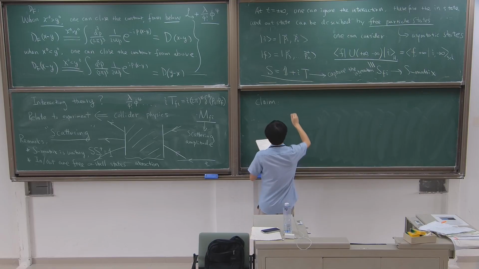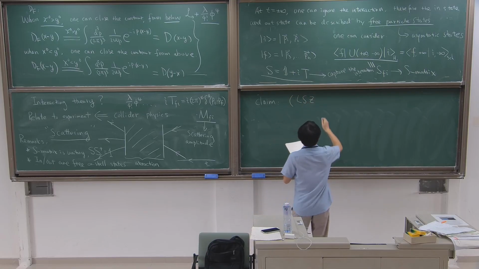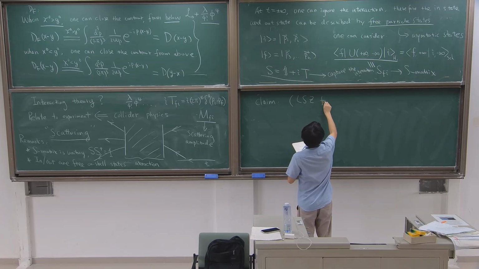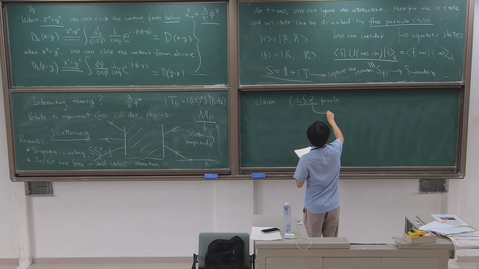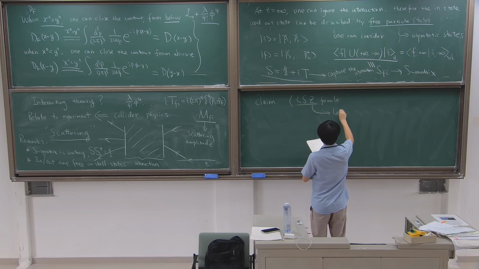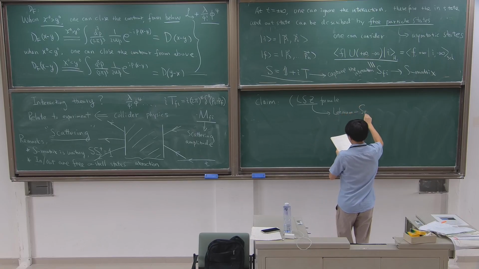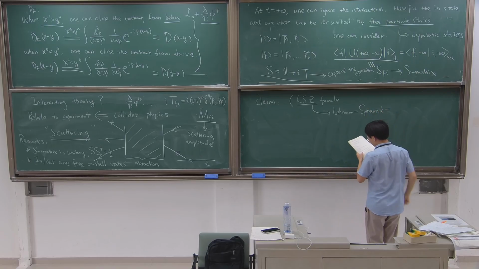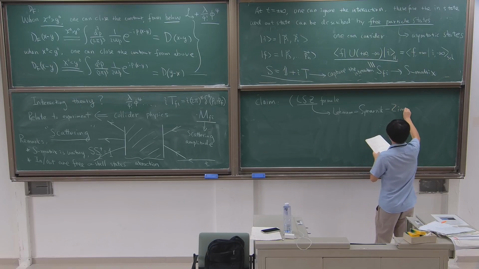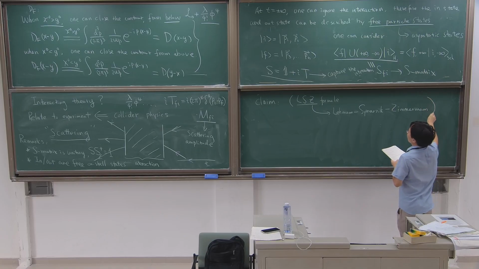This claim is the so-called LSZ formula, the Lehmann-Symanzik-Zimmermann reduction formula. These are three people: Lehmann, Symanzik, and Zimmermann.